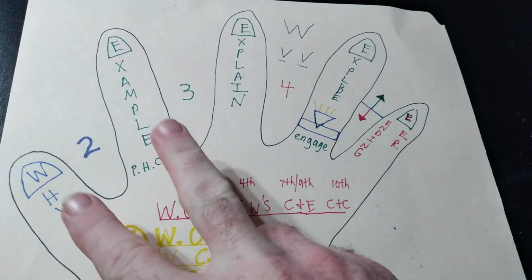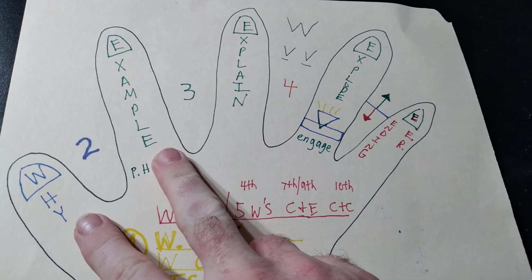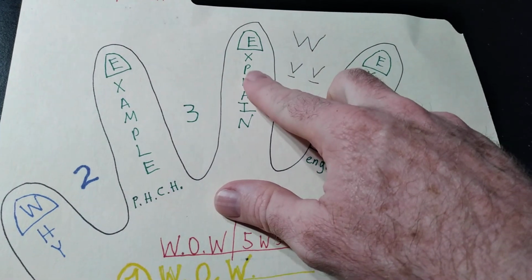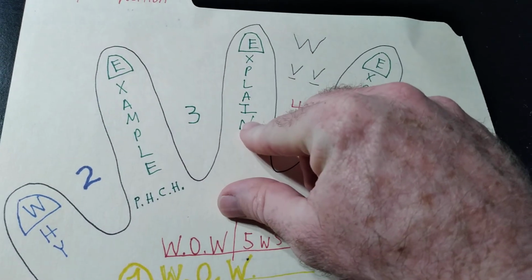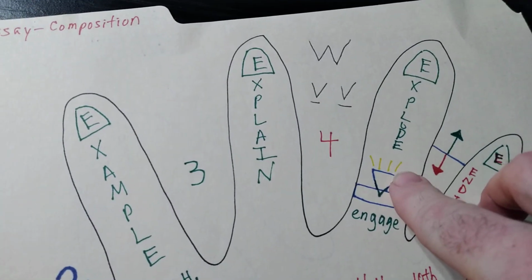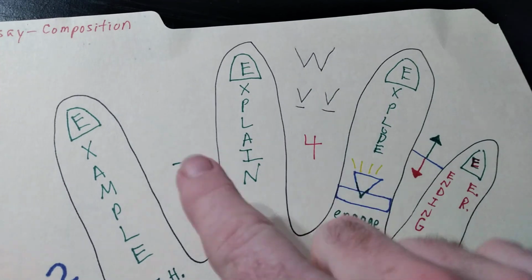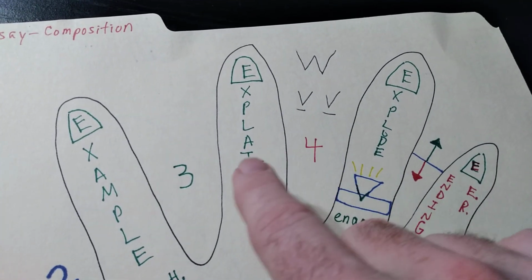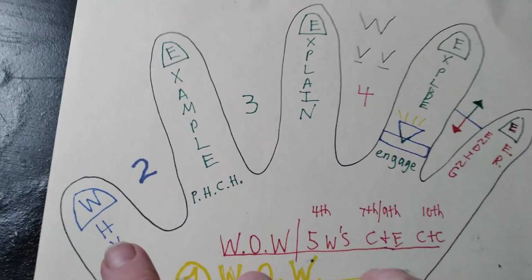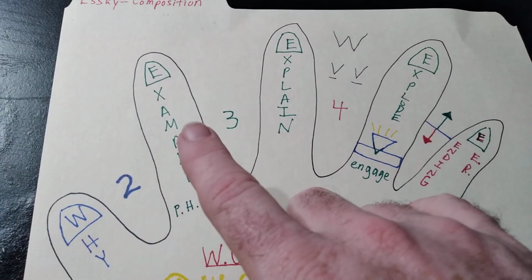But what I want you to be careful about is with expository, it starts with the letters EXP. EXP for explain and EXP for explode. So I want you to be thinking, in order to get 3s and 4s, we have to do a good job of not just giving lots of reasons, lots of examples.